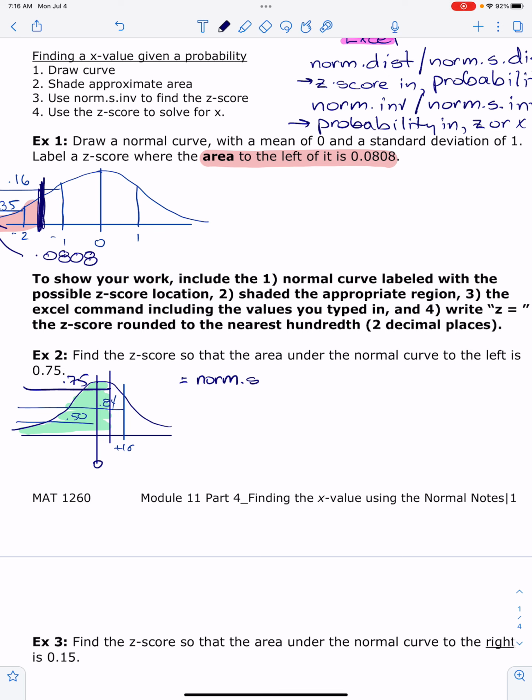We're counting in terms of standard deviations. And again, we want the inverse, norm.s.inv. The only thing we need to plug in is the probability.